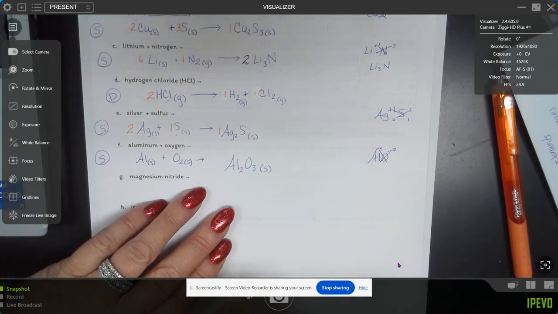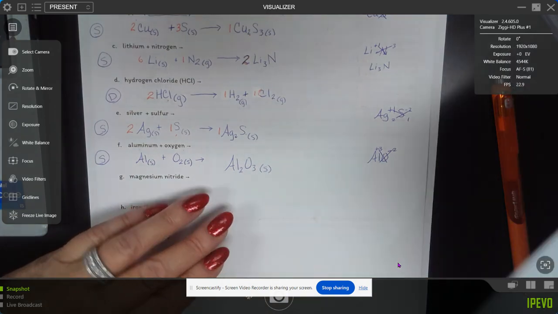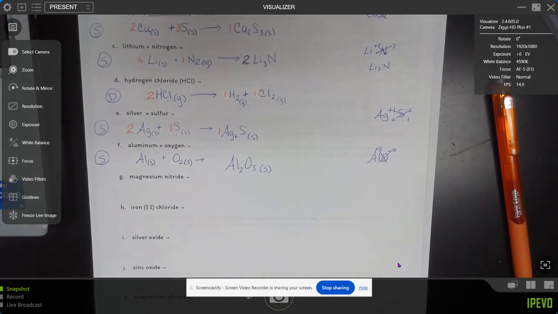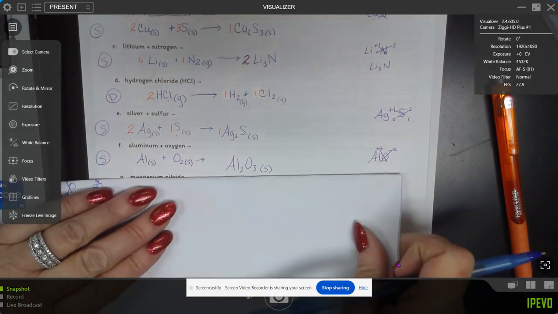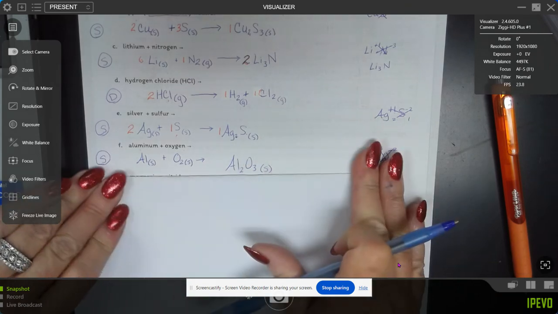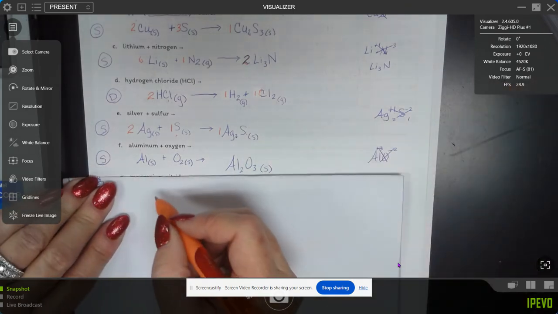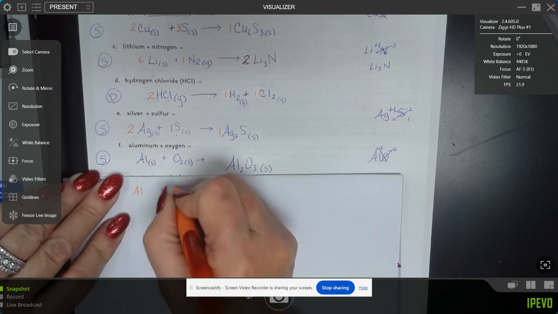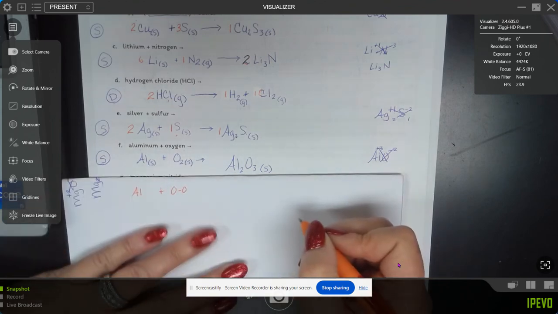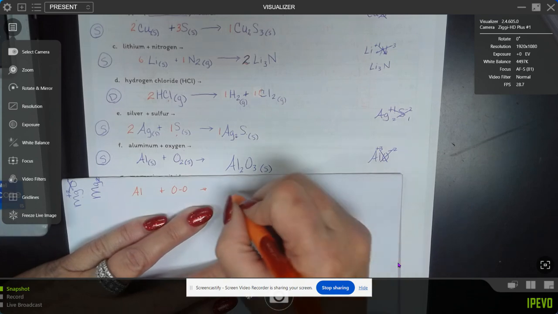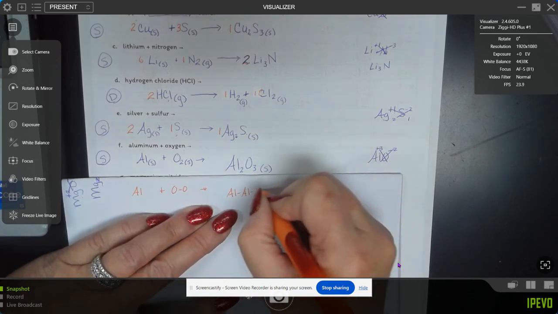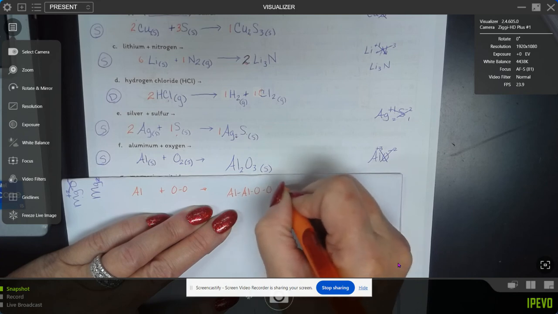All right, ionic compound, so it's a solid. I'm going to do this one because it's a little rough to balance until we really get good at balancing. So let's look at this. I'm actually going to draw these out. So I've got aluminum plus O2, like that, produces aluminum, aluminum, oxygen, oxygen, oxygen.